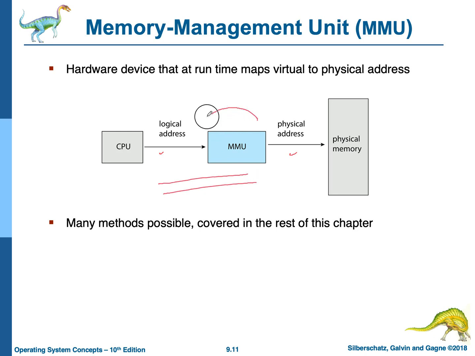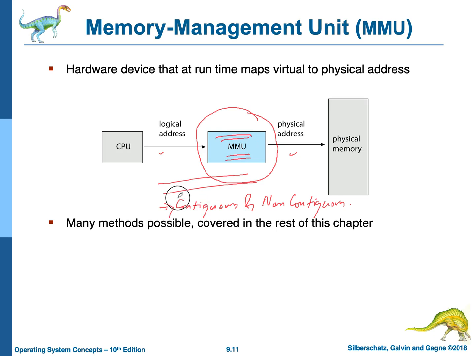Now this memory management is done using several schemes. Those schemes are contiguous and non-contiguous. So you remember that the memory management unit uses several schemes to manage the memory space, right?